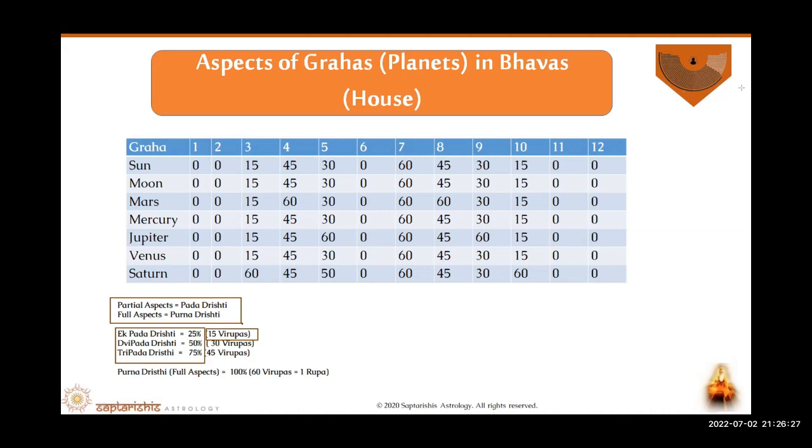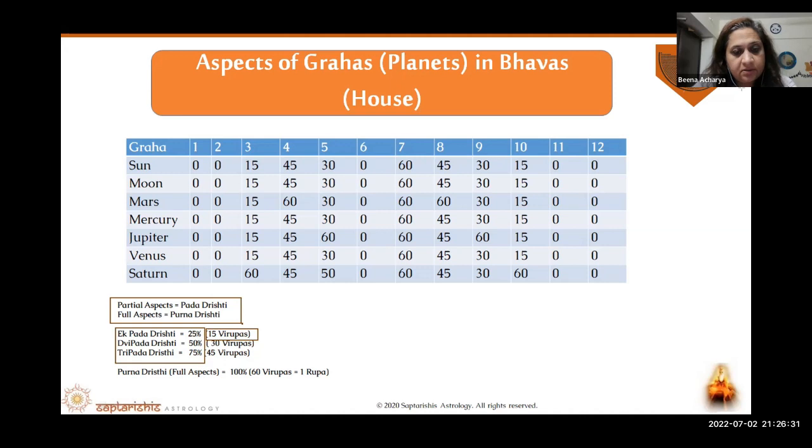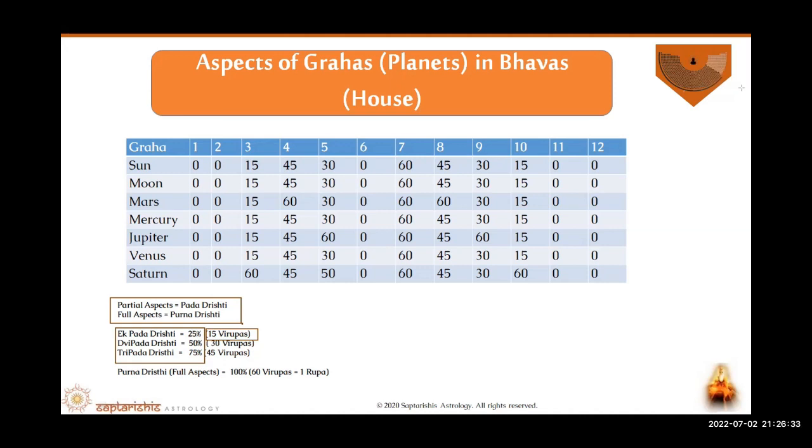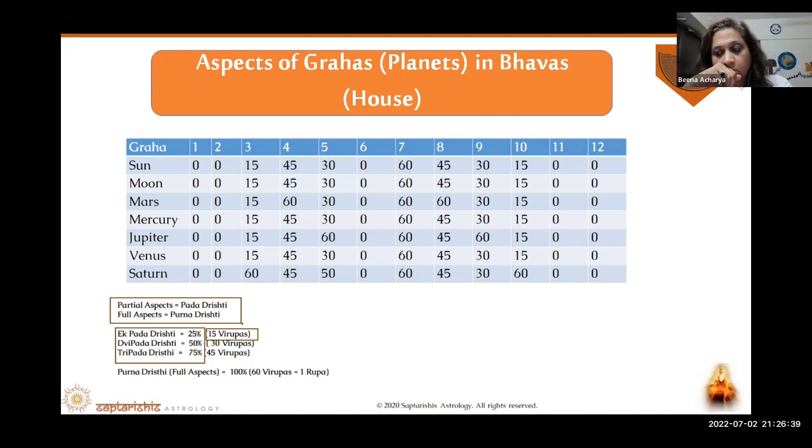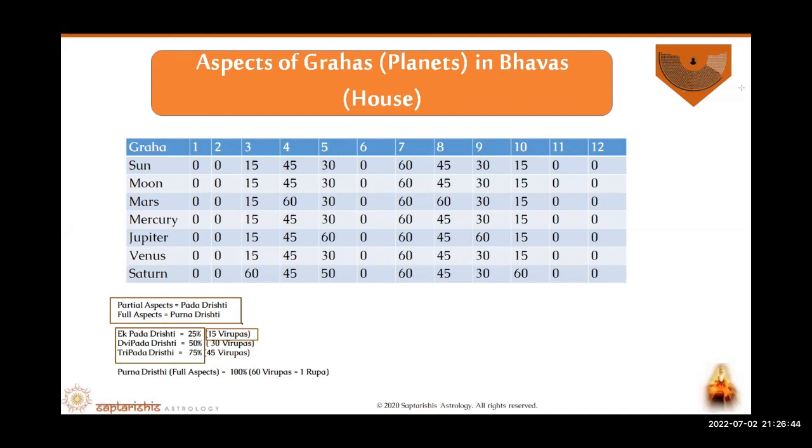You can calculate now. 30 degree, one Rashi. Six Rashi is completed, then seventh is started. Yes, correct. So then only we can calculate this seventh aspect.